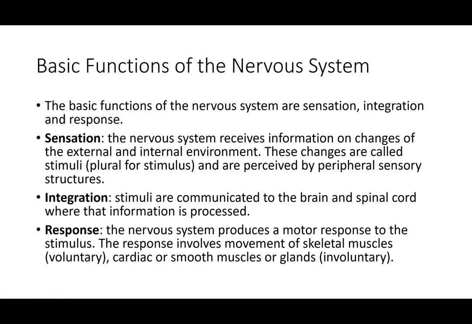So here are three basic functions of the nervous system, which are sensation, integration, and response. So sensation is picking up sensory information from changes in the external and internal environment. So being able to sense temperature, something that's touching us, being able to sense when we're getting too much sun exposure and things like that, those are all external environment sensors.